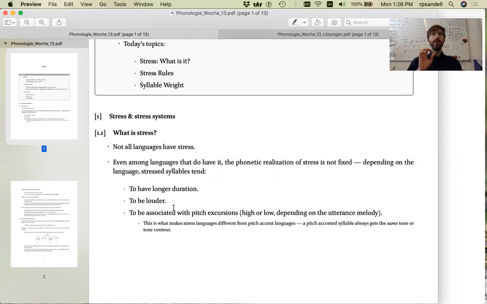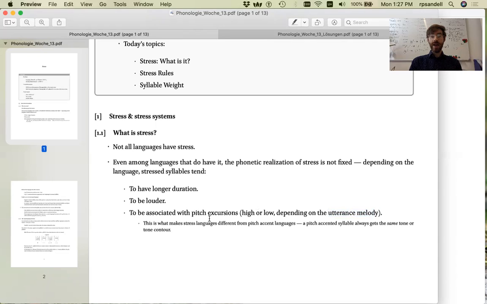That is, the stressed syllable within a word becomes a target for the assignment of an intonational contour. So next week, we'll discuss a bit more of these intonational contours, but exactly whatever the utterance melody, the intonational contour that is being assigned within that word or phrase is, the stressed syllables will tend to attract those intonational contours.